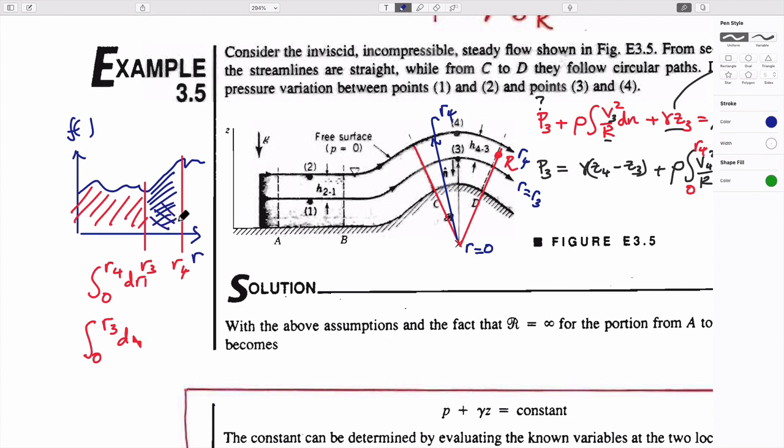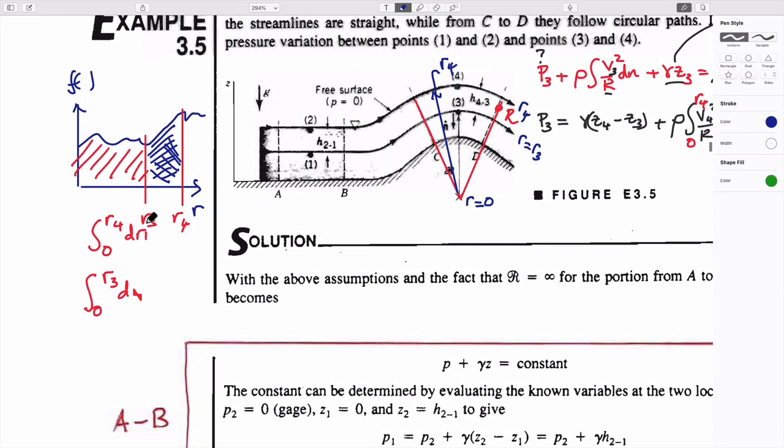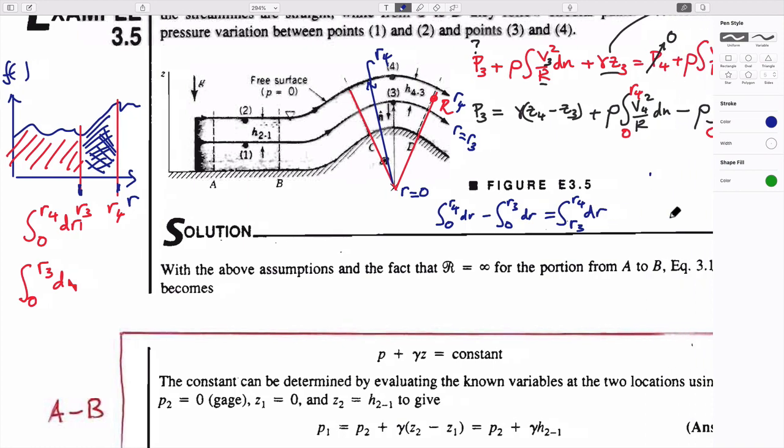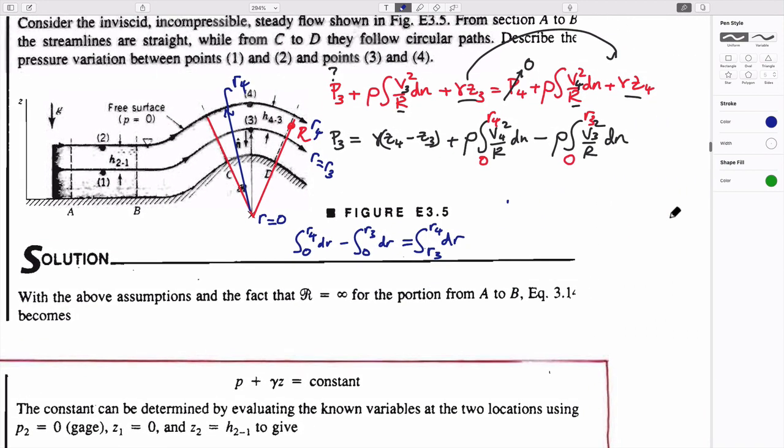So that's physically what it is. I'm getting very messy here, but the bottom line is that the integral from 0 to R4 dr minus the integral from 0 to R3 dr is just the same as the integral between these two limits. Physically, that's all that is, and that's a graphical explanation.